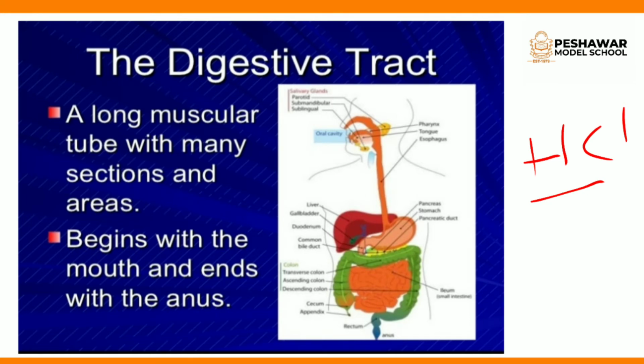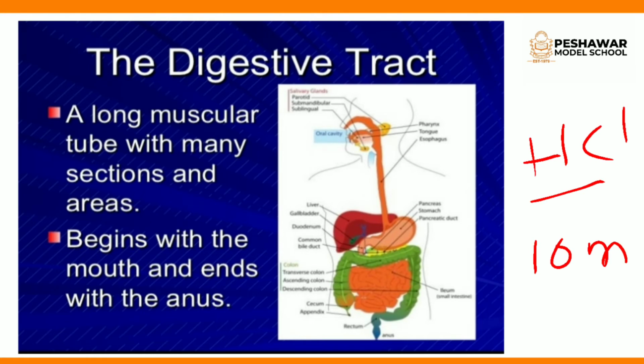Then after that the food from the stomach moves to the small intestine at about 2.5 centimeters a minute. The small intestine is 7 meters long and 3 centimeters in diameter. Now if you remember, I told you this whole tube is 10 meters long.